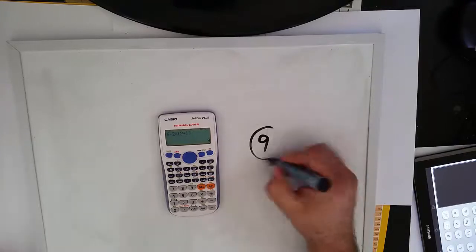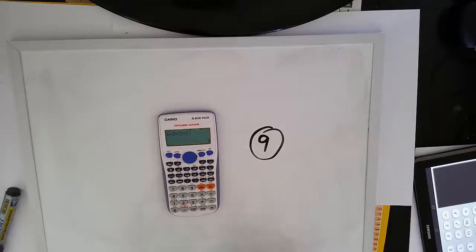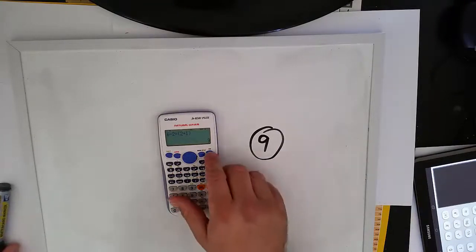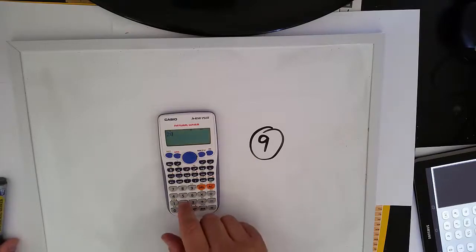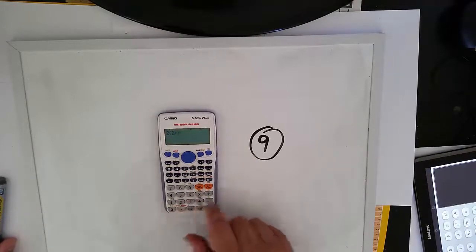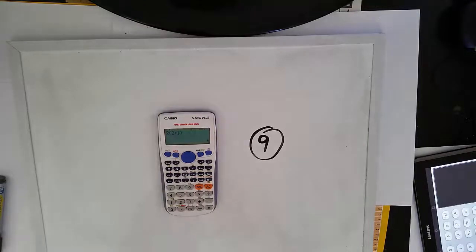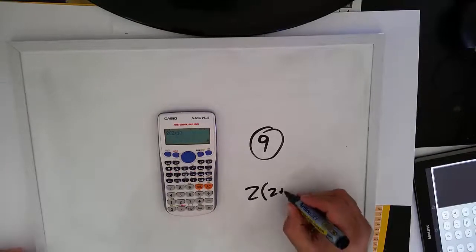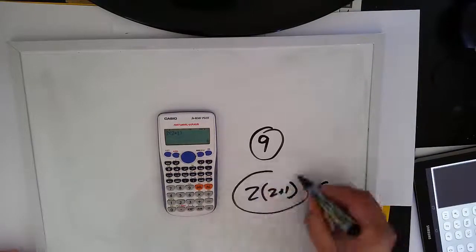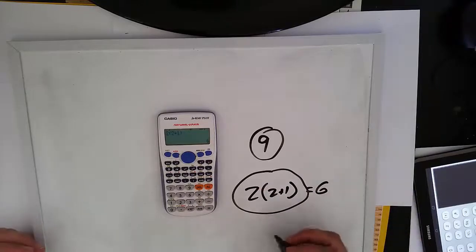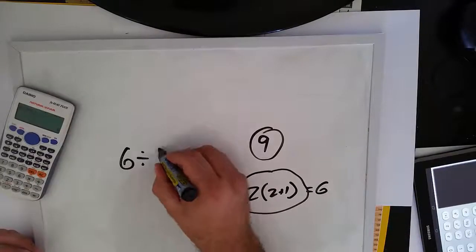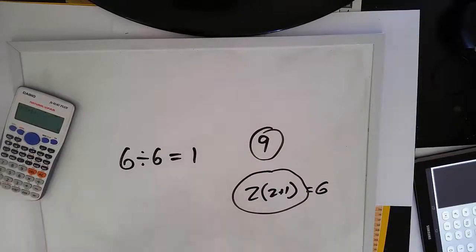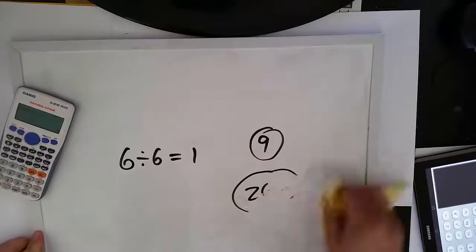We've got 9, yes. So then we know that obviously using the distributive law, that whole bracket becomes 6. And 6 divided by 6 equals 1. So the correct answer via using the distributive law for this particular problem is 1.